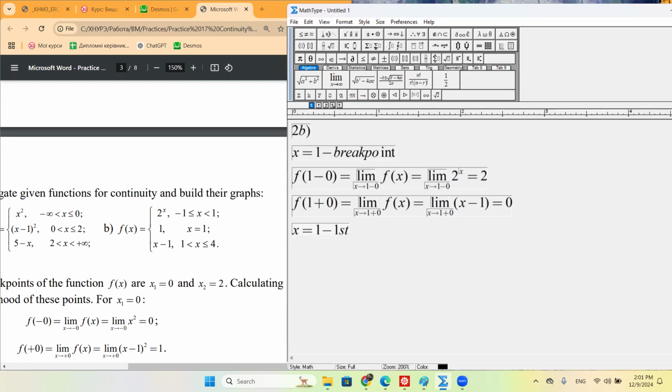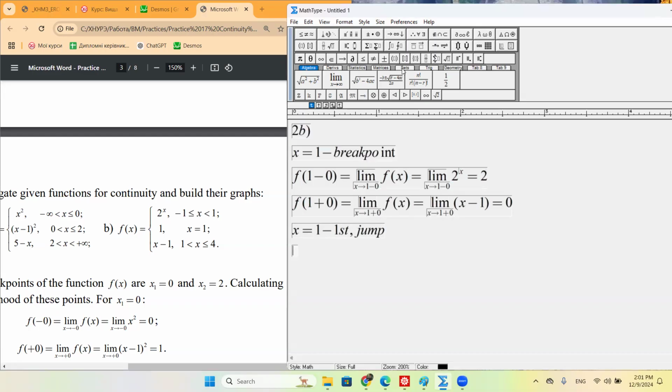So first order, and this is a jump of the function. And what is the value of the jump? 2. You are wrong. -2.